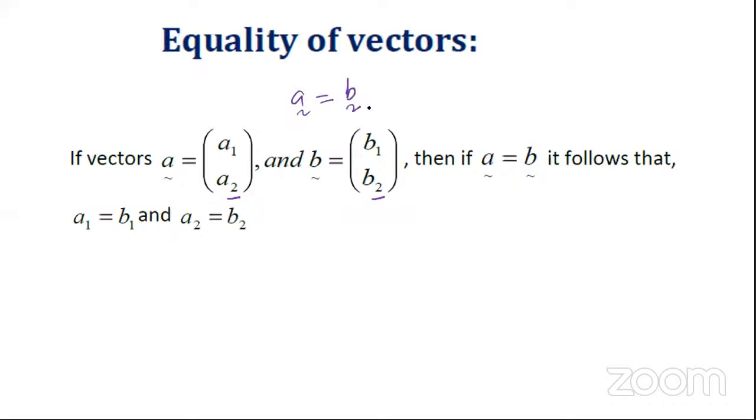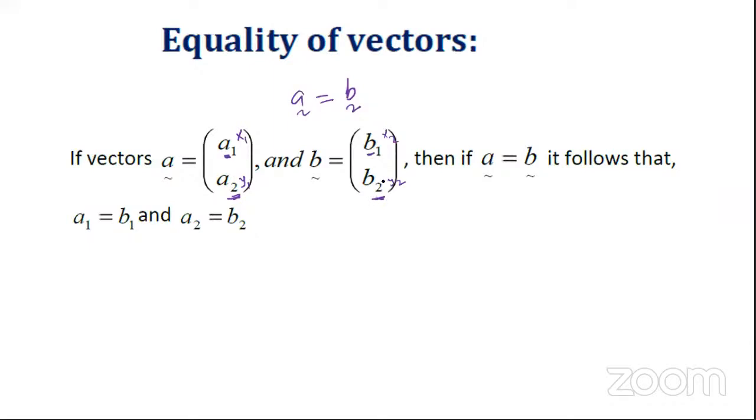It implies that the value of x is equal to the other value of x, meaning you can equate them. And also, it means that the value of y, so this is maybe x1, this is y1, this is x2, this is y2, meaning the value of y1 here is equated to the value of y2.